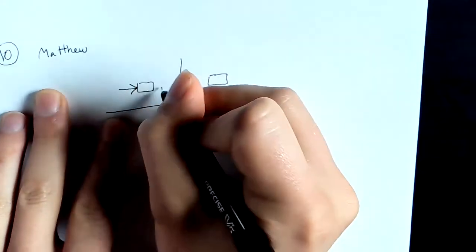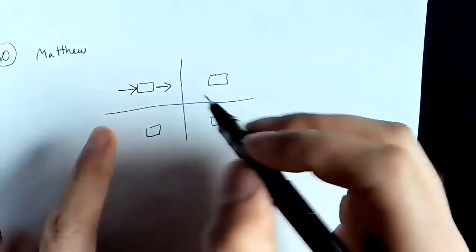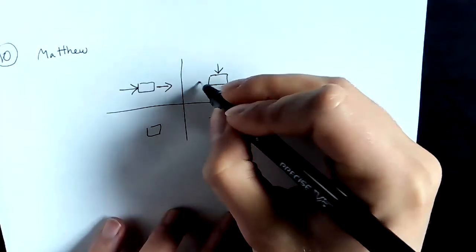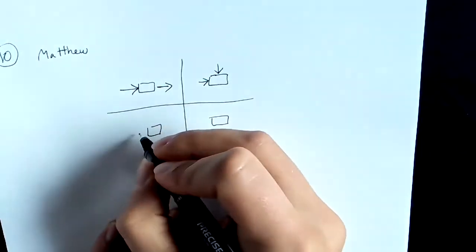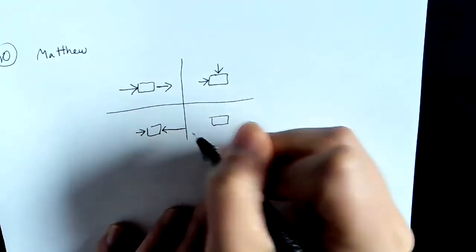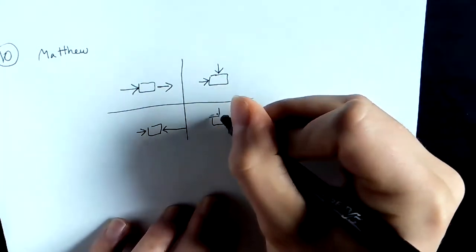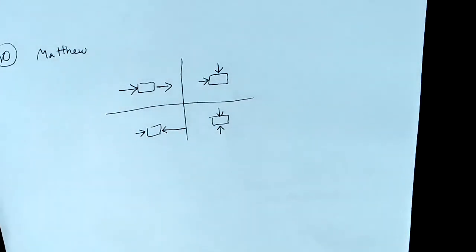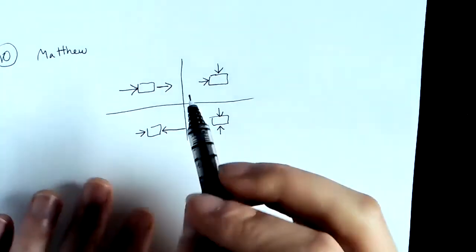So test 1 looks like this. Test 2 looks like this. Test 3 looks like this. And then test 4 looks like that. And then you're asked which one illustrates a balanced net force.